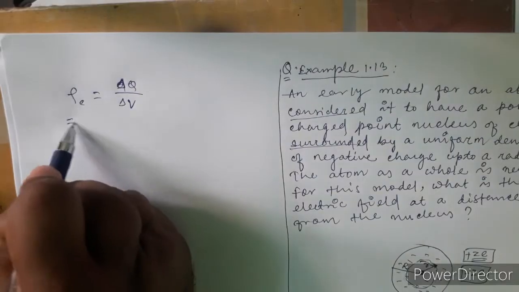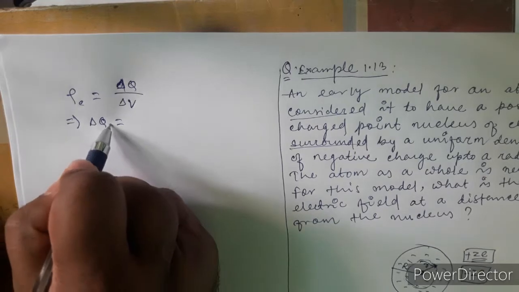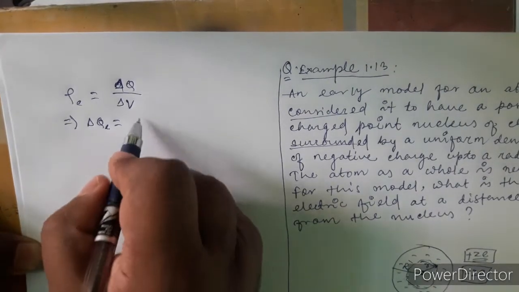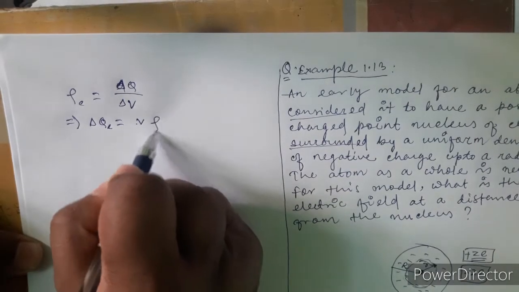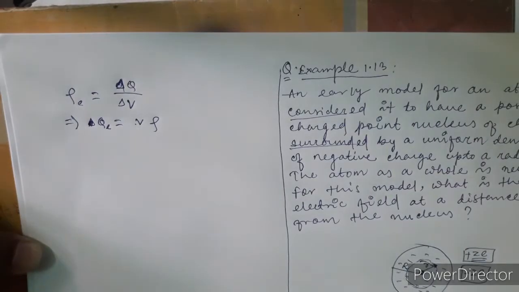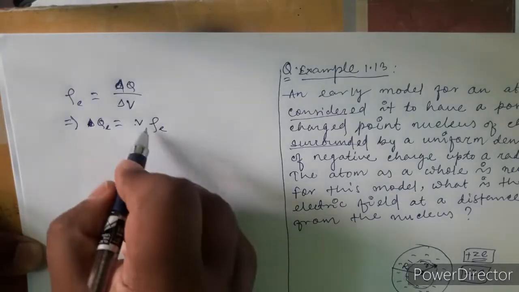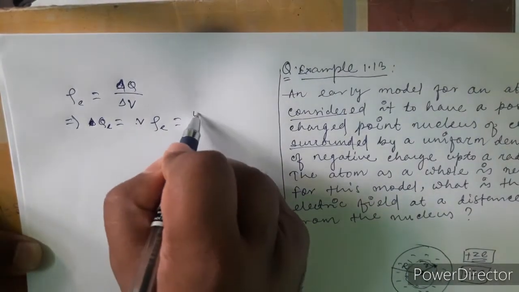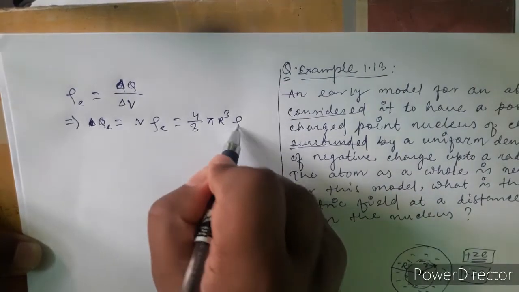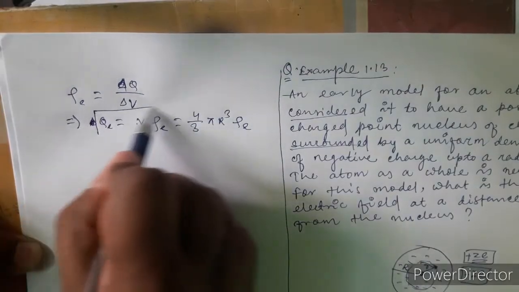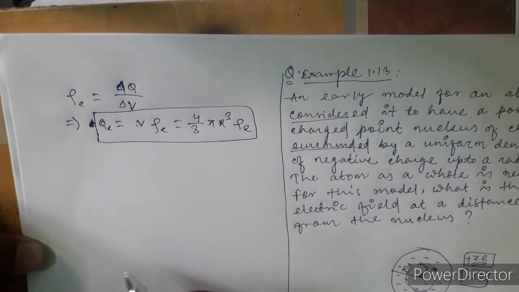So the total negative charge Q e is equal to volume times rho e. Volume of the sphere is 4 by 3 pi R cube, so Q e is 4 by 3 pi R cube rho e. This is the total negative charge in this atom in terms of density.